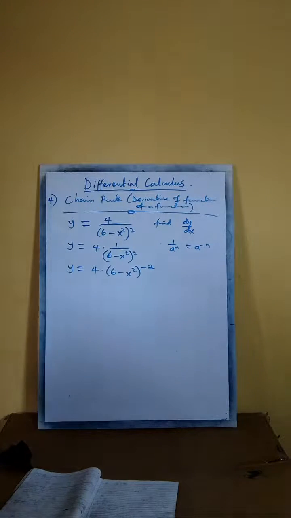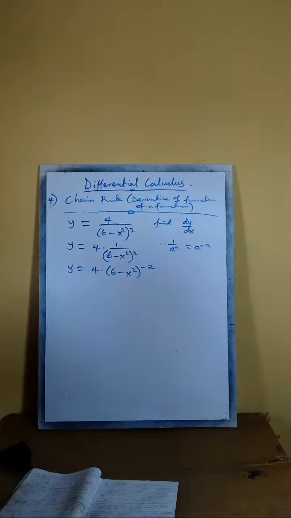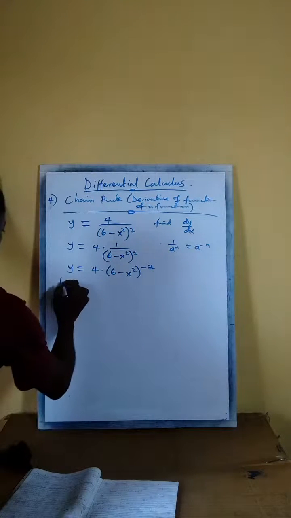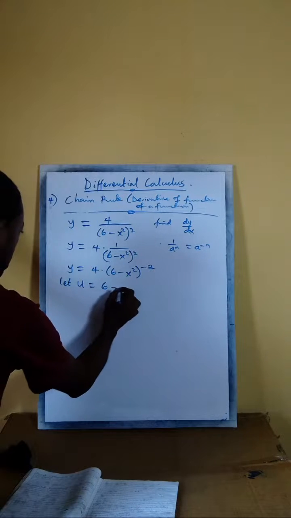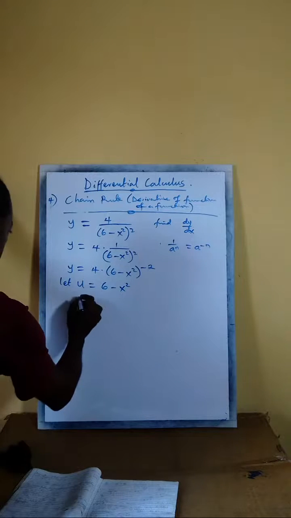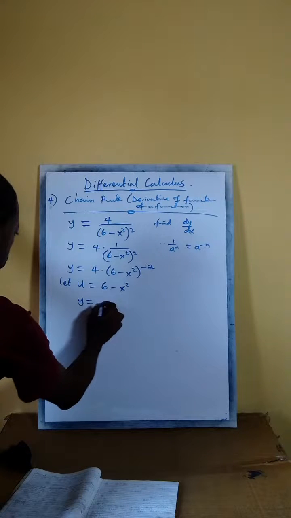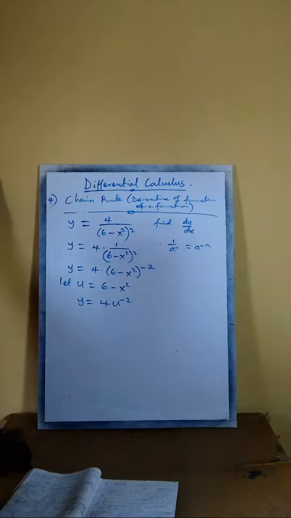Now we have this function, which is in the form of a function of a function. Let u represent 6 minus x squared. Then y will now be equal to 4u raised to power minus 2.